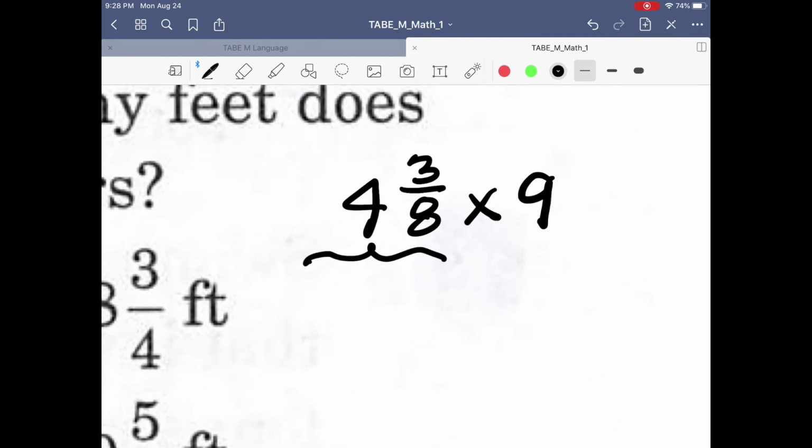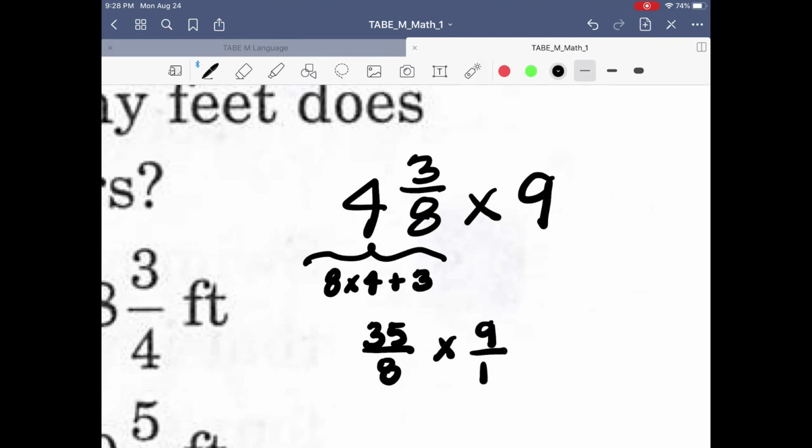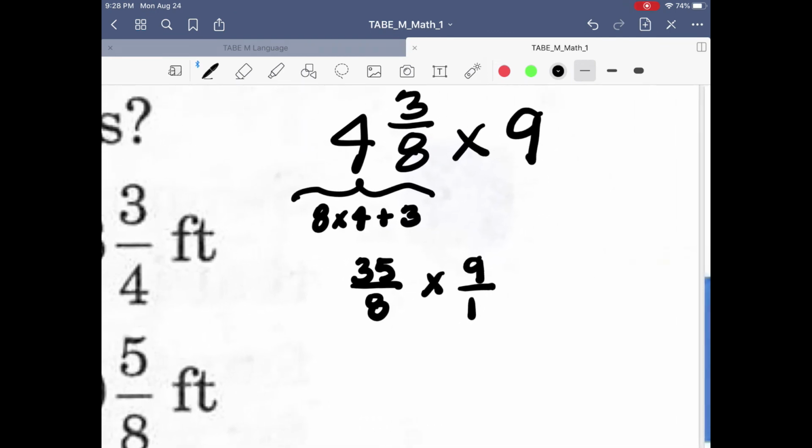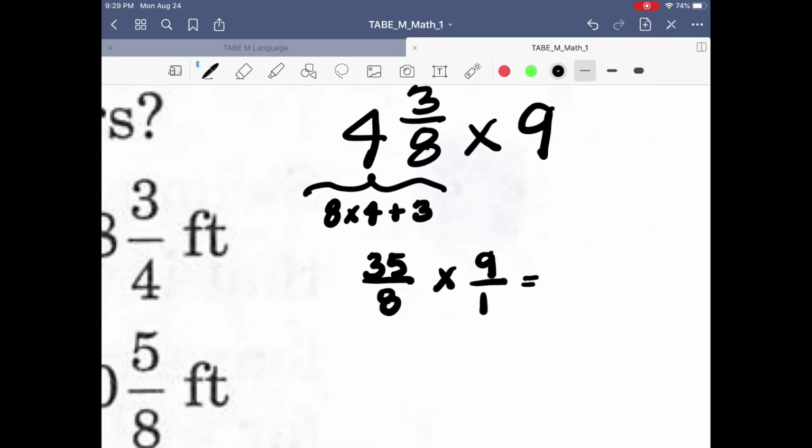So this is going to be 8 times 4 is 32, plus 3 is 35/8, and multiply that by 9 over 1. And there is no canceling to be done here. So that 8 is going to come over on the bottom.